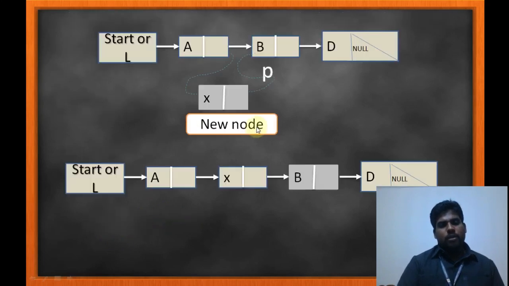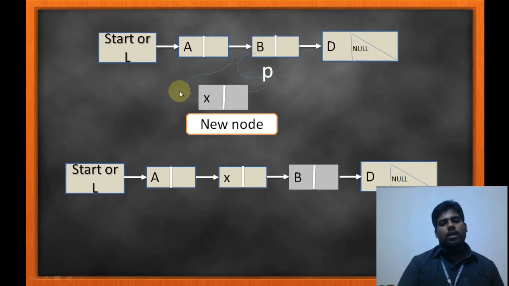See here, first this is ptr, then the while loop will be executed. So ptr next, it will come here. Once the ptr reaches here, the while loop will be false. So at that time, new node next equal to ptr next. This link will be created first. Here the position is B, so before that you are creating the link.